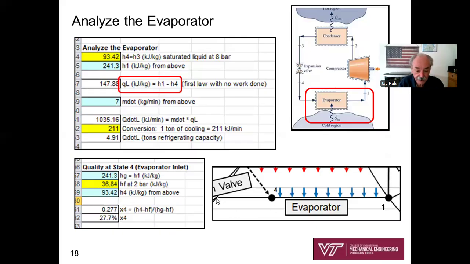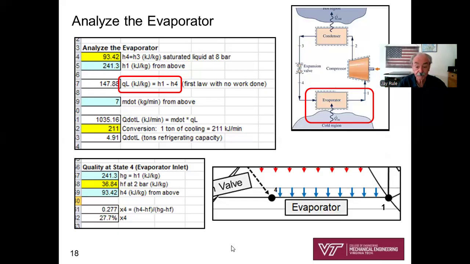It's going to be this distance, h4 minus hf, divided by this distance, hg minus hf. So the quality is 0.277, 27.7%.